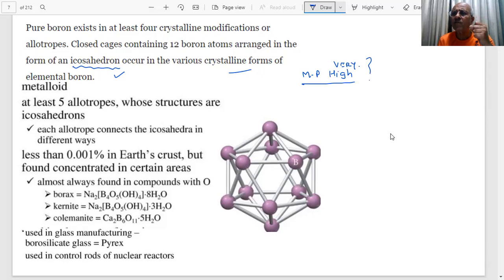Whenever you get giant molecules with strong covalent bonding, the crystal lattice is important in the solid state in determining melting points, and certain solids become very hard. Wherever you see strong covalent bonds and giant molecules, their melting points are very high.